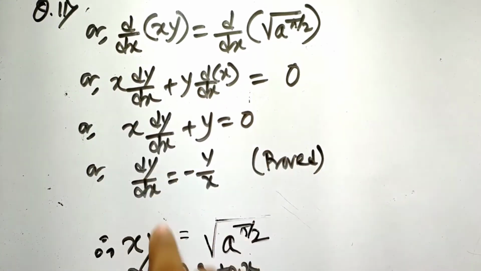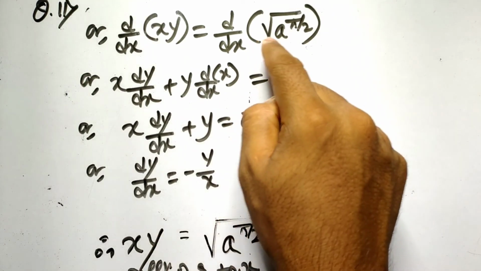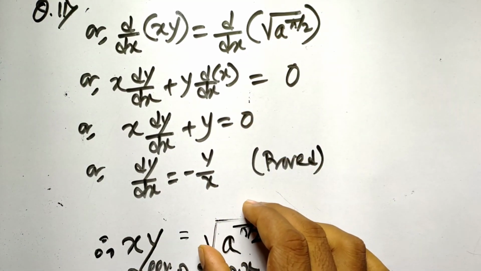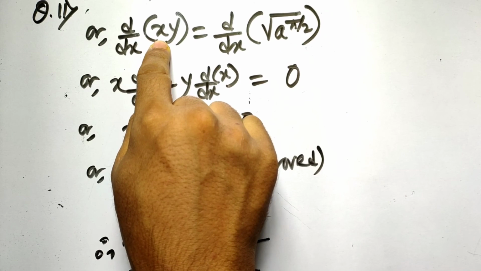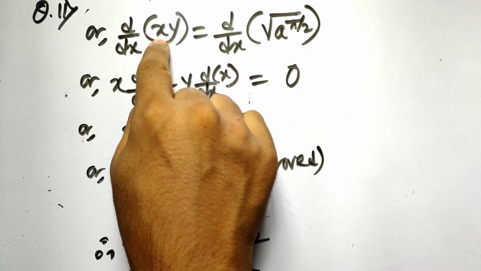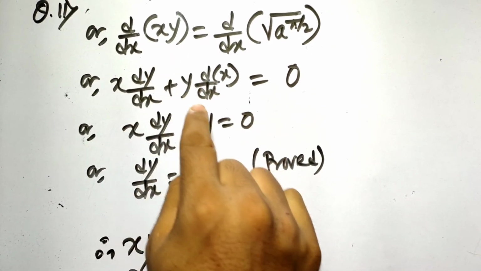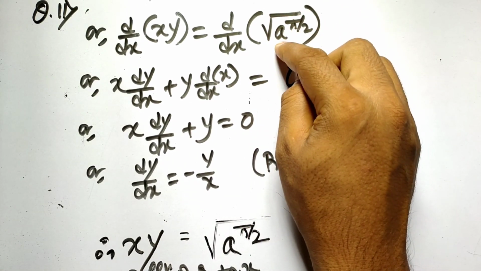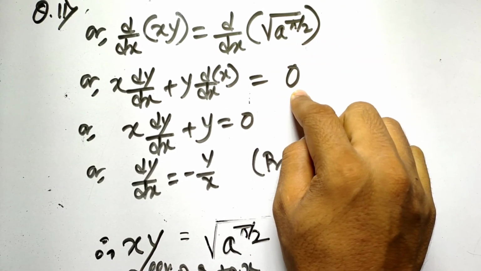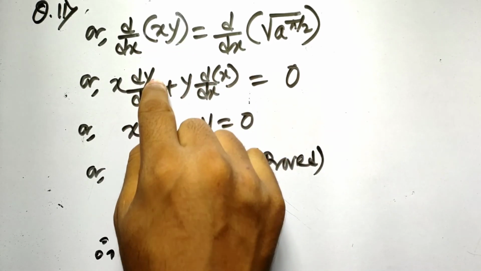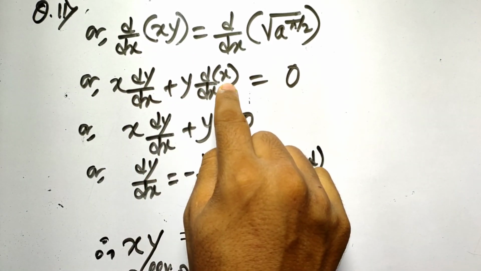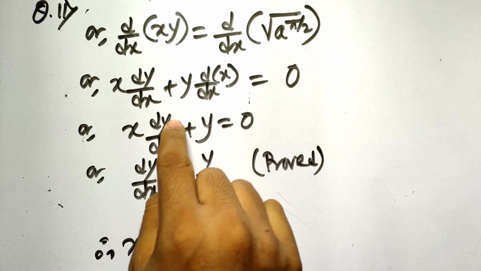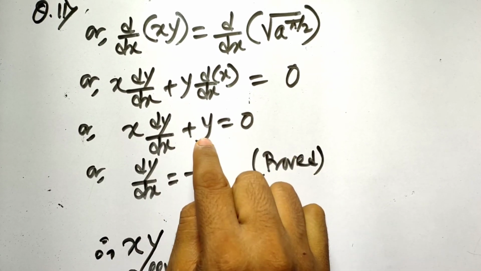So d by dx of xy equals d by dx of the right side. You can use the product rule here: x into the derivative of y plus y into the derivative of x. The right side is a constant, so the derivative of a constant is 0. So x into dy by dx plus y into the derivative of x, which is 1. So x dy by dx plus y equals 0.